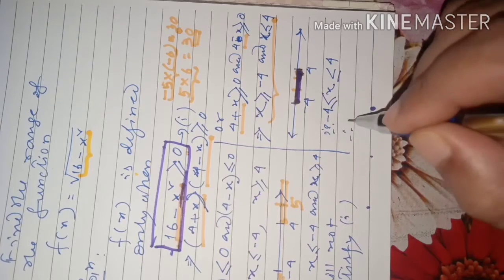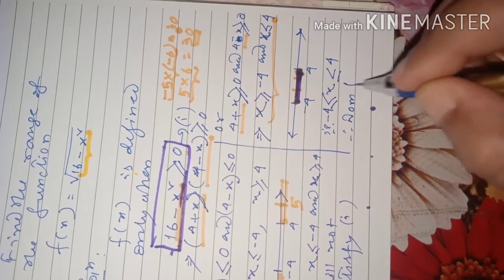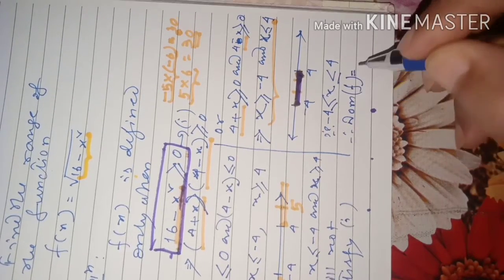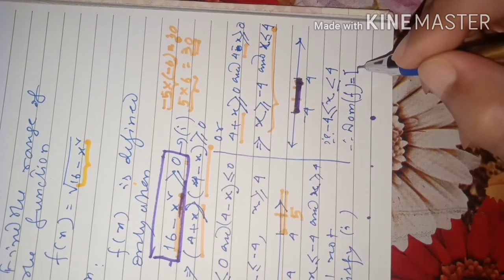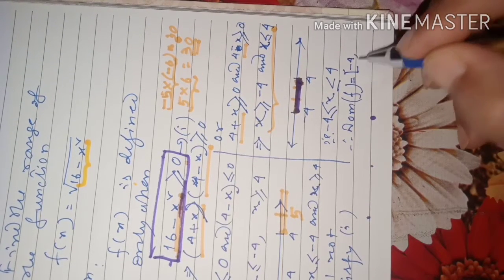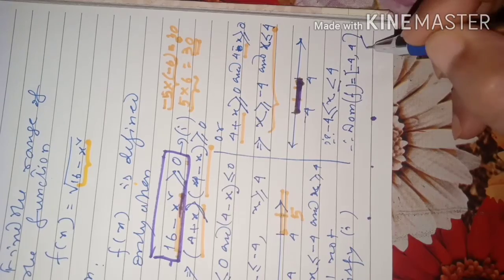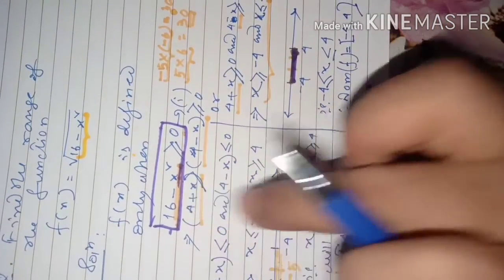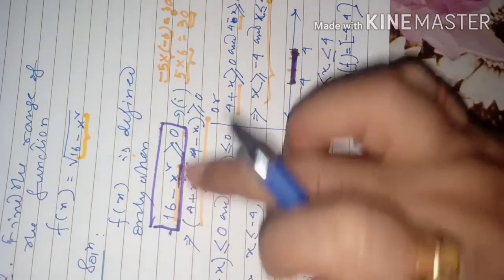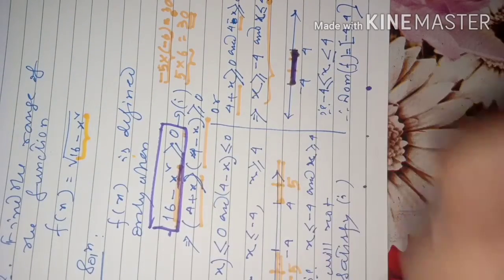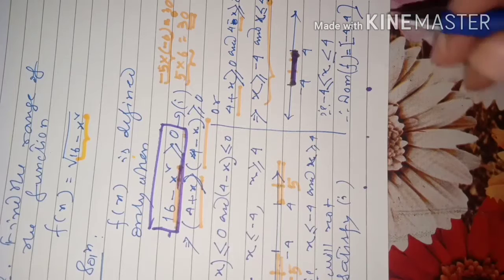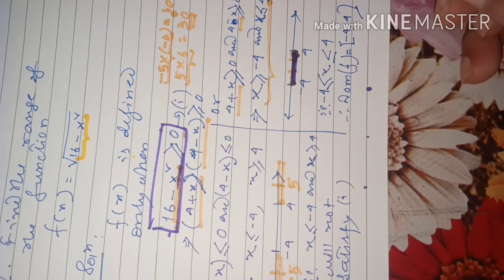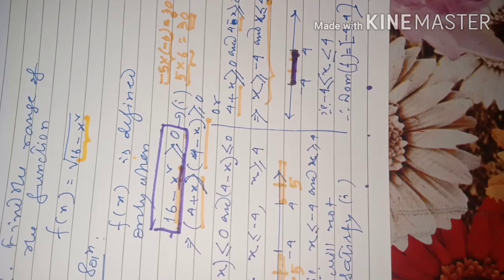So therefore the domain of f is the set between minus 4 and plus 4. This will not be in the domain, because we have checked that it will not satisfy this one. Got the idea? Now we came to know what the domain is. That means our x values are lying between minus 4 and plus 4, including minus 4 and plus 4. This is the domain.